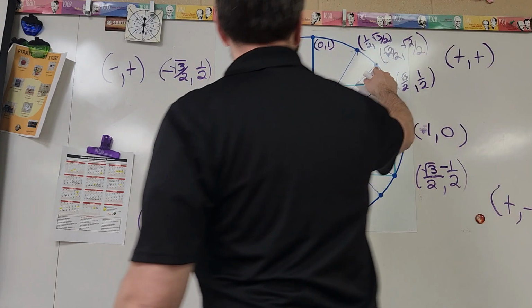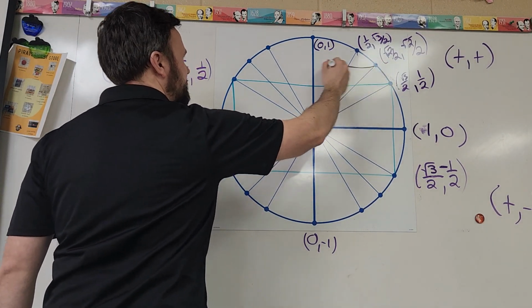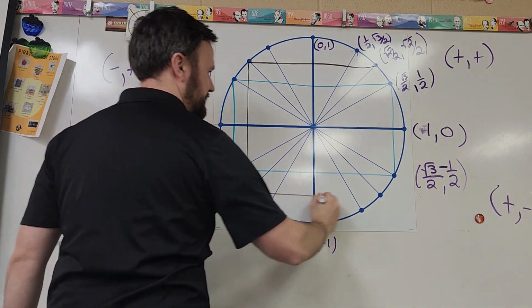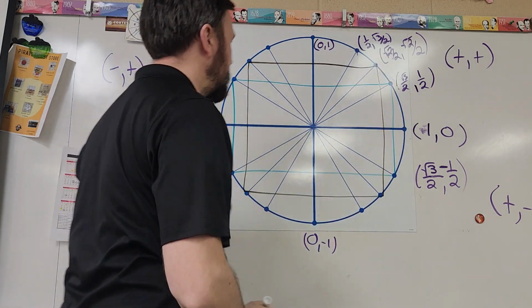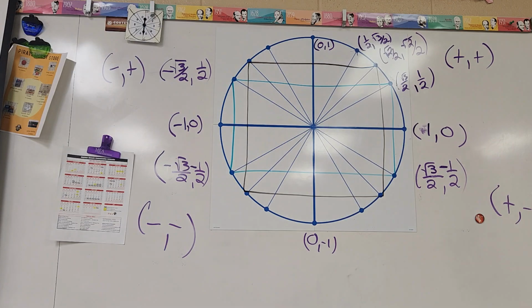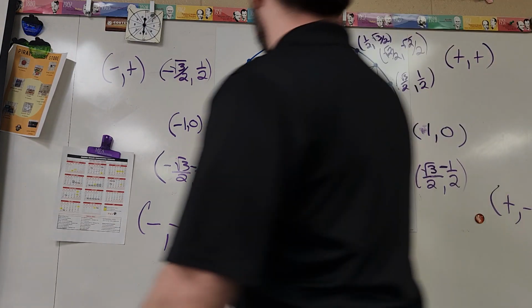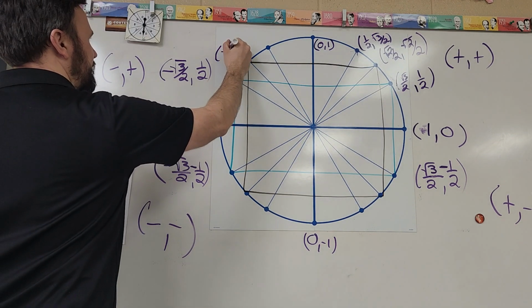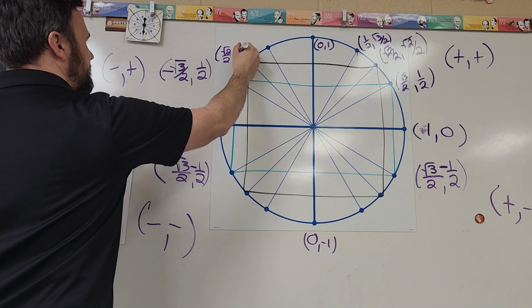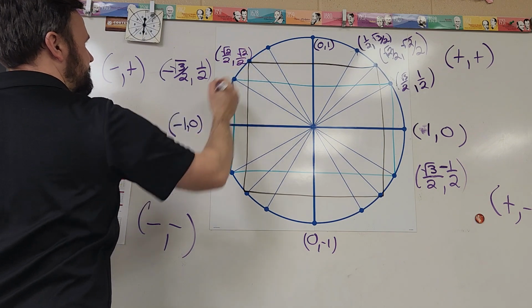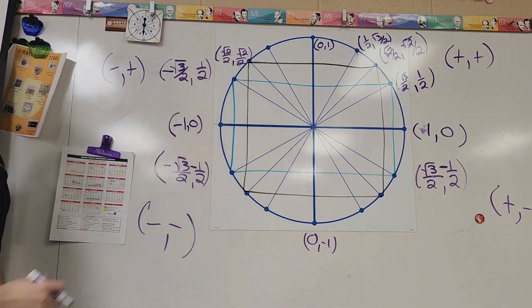What do you guys think I can do at this point then? Can I draw another box in? That's a square. So what's each point going to be off that square? Root 2 over 2, root 2 over 2. Now, which one of these is negative, which is positive?